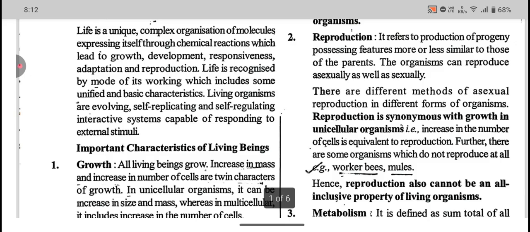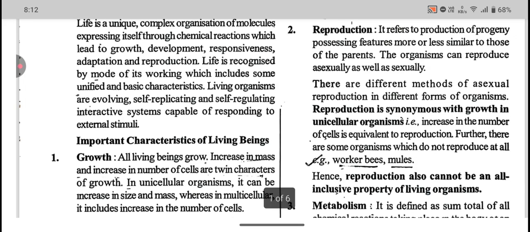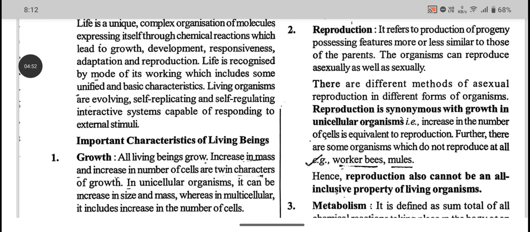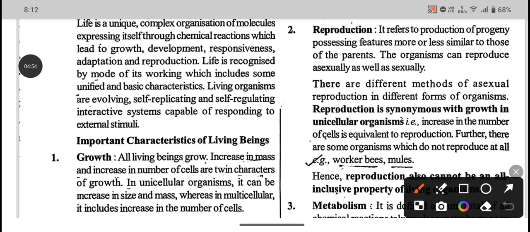The second most important characteristic of living organisms is reproduction. Reproduction is nothing but the production of progeny possessing features more or less similar to those of the parents. So reproduction is the production of offspring which are similar to their parents.